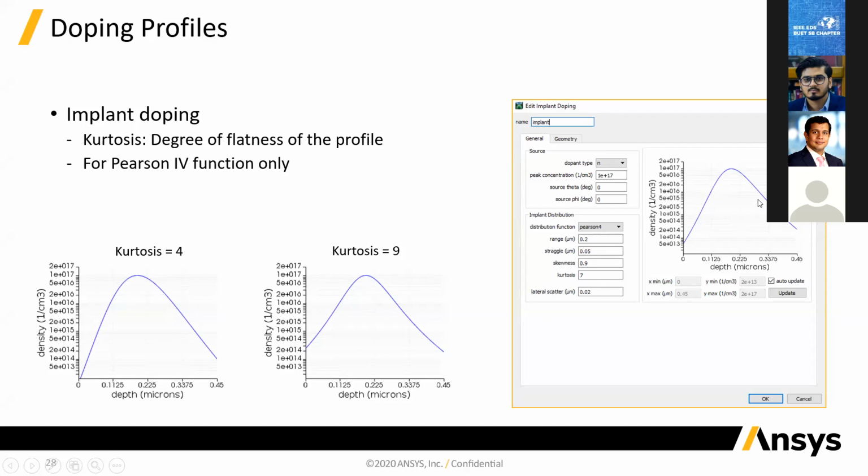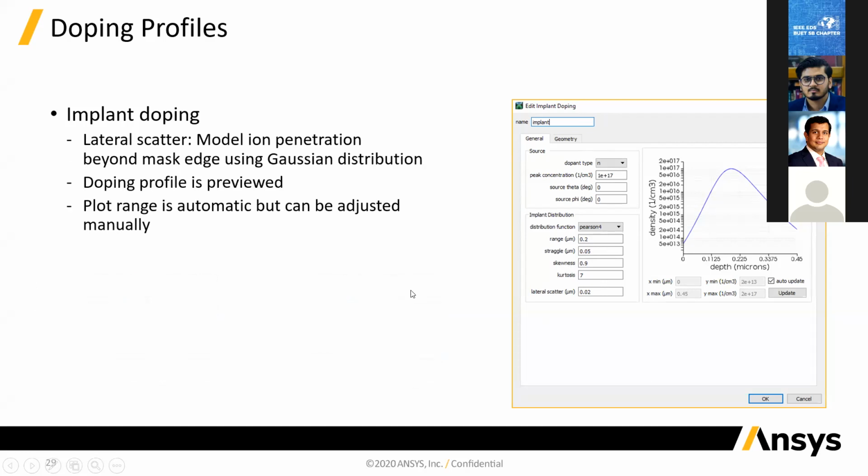There's also another parameter for lateral scatter. As I mentioned, this profile gives you a 1D doping profile going inside. And then as you apply this doping profile in your object, and you do some thermal annealing, the dopants will spread inside the device. We don't really have a very good analytic model for that.